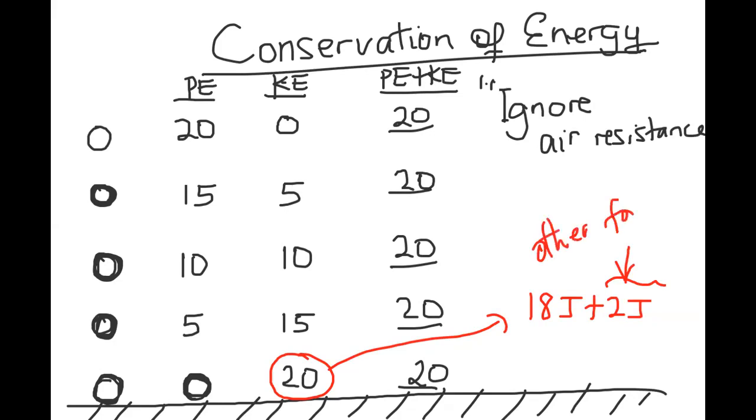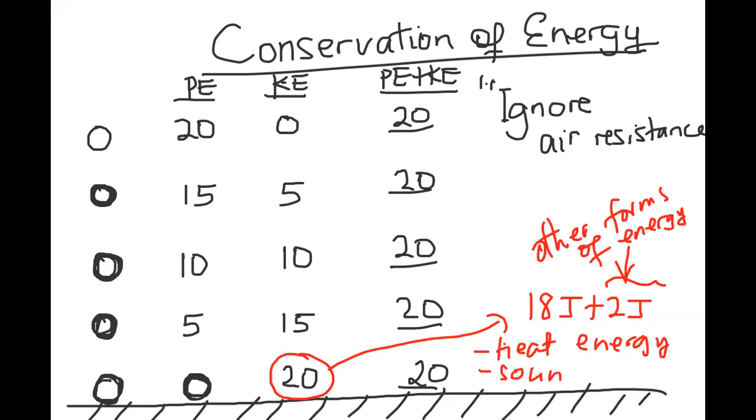These other forms of energy can include thermal energy, or let's use heat energy, or sound energy. As the ball is falling, there's some sound energy. All right, these are the forms of energy.